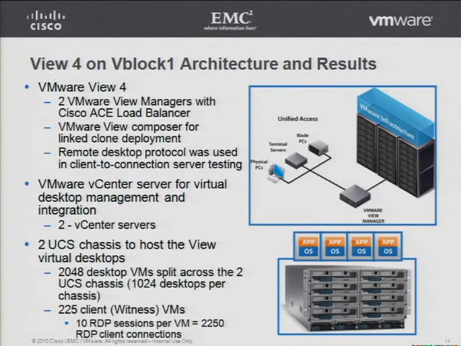And let me talk briefly about what the 225 clients are. I said we tested with real-world applications. That means we were also simulating real users logging into the system. So we created 225 virtual desktops, and when these virtual desktops are reset, they start up and launch 10 VDM clients into 10 virtual desktops.